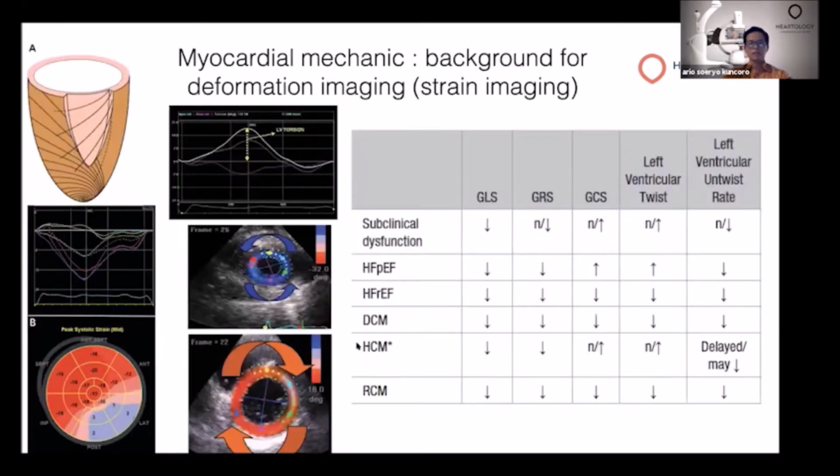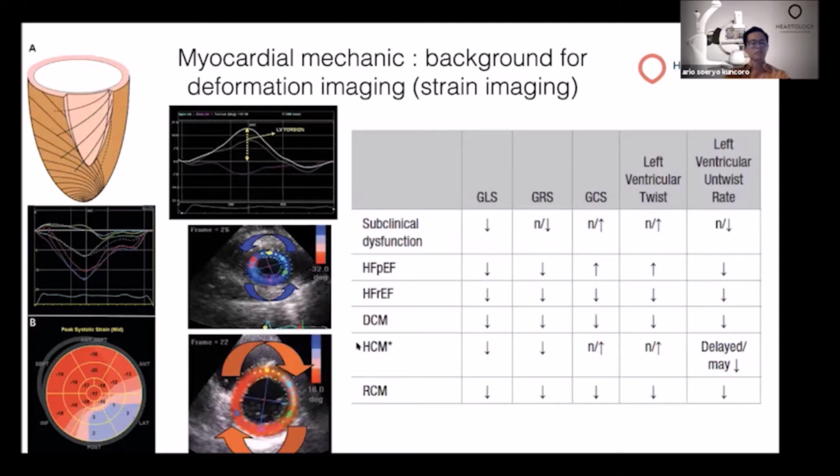And another new parameter aside from ejection fraction is deformation imaging, as I have mentioned earlier, or some call it strain imaging. Strain imaging is a parameter of echo where echo can pick up and evaluate the pattern of myocardial layers activity during systole and diastole. This is considered more sensitive than ejection fraction.